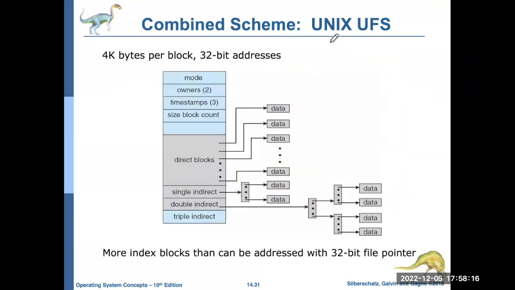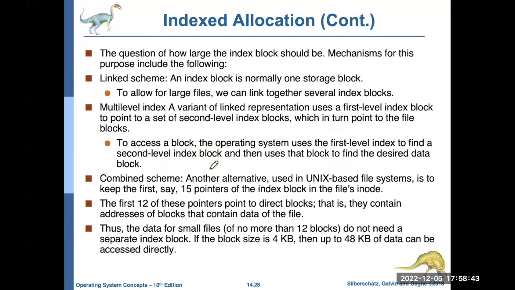Now, in Unix, we use a combination of approaches. What is happening? Here we can see our FCB, the file control block. In that we have everything set up, and out of there the first 12 pointers will be used to point to direct blocks.